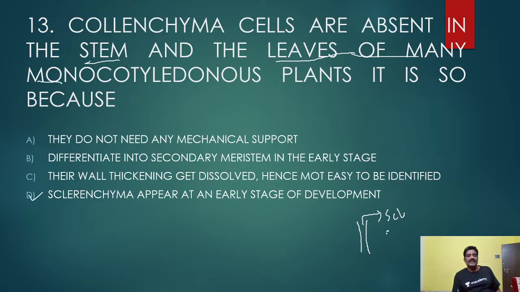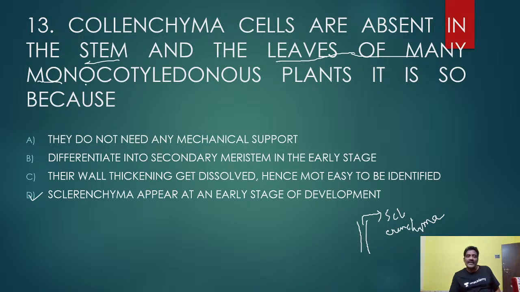Because sclerenchyma is made up of thick-walled cells, so it mainly gives mechanical strength. Mechanical strength to the monocot plant is offered by the sclerenchyma. So sclerenchyma appears at an early stage of development in monocots, and collenchyma cells are absent.